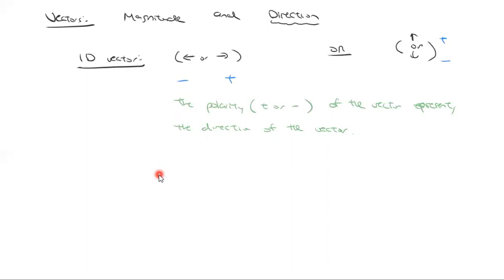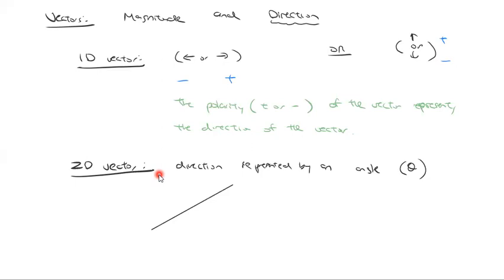But vectors, of course, might not just be 1D, they could be 2D vectors. And so the direction must be represented by an angle. Depending on the situation, often we might either use the angle versus the horizontal, or depending on the way the question is presented, we might do it as a true north bearing.